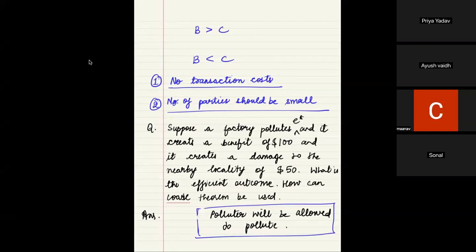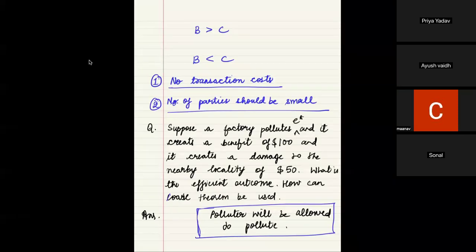Excuse me, ma'am. Here the polluter will be allowed to pollute. This is because the benefit is greater than the cost, right? Exactly. So no matter to whom you assign the rights, he will be allowed to pollute in this case. Okay, ma'am. So when we will be writing the solution, we have to tell both the conditions, then show the whole process, right?